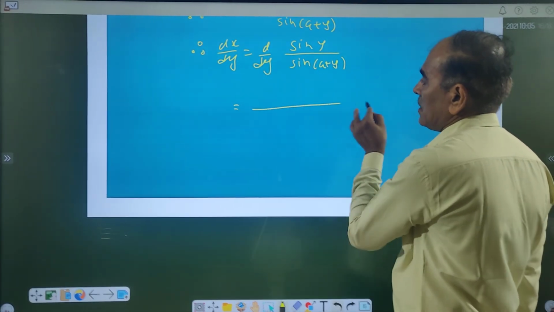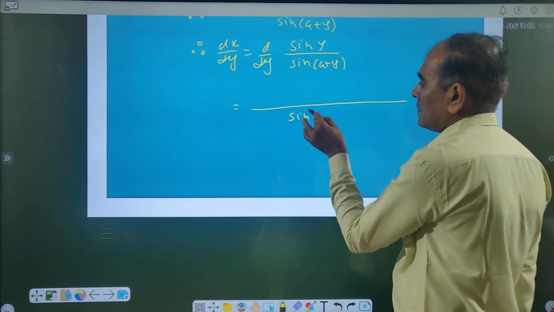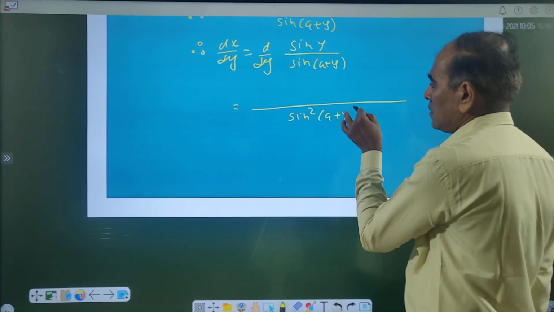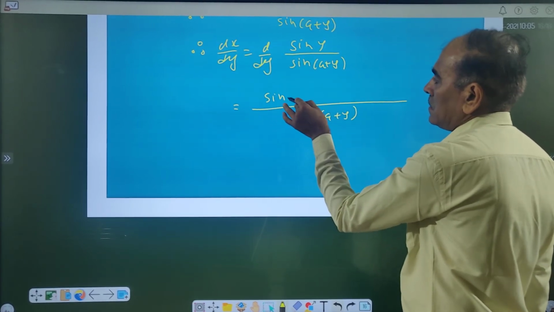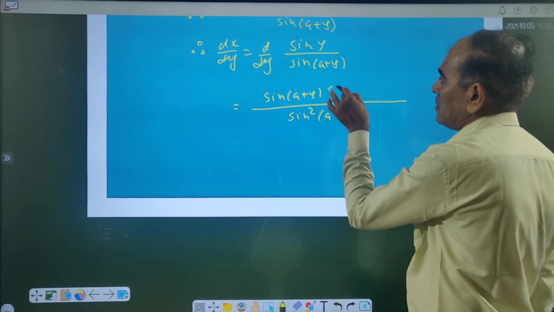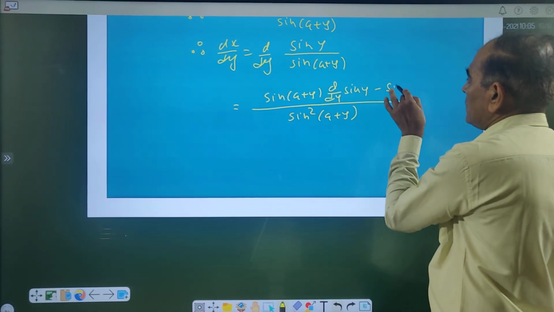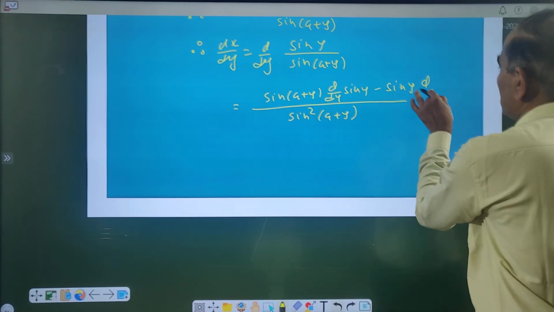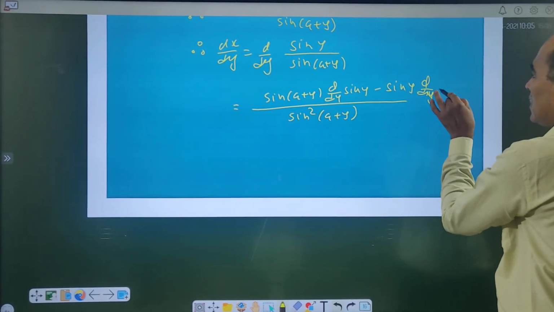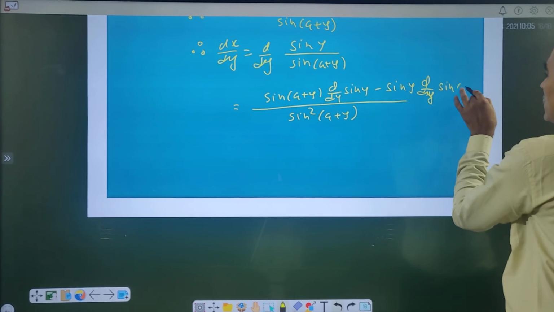Here we need to apply the division rule: denominator quantity whole square, denominator quantity as it is, derivative of numerator, minus numerator as it is, derivative of denominator quantity.